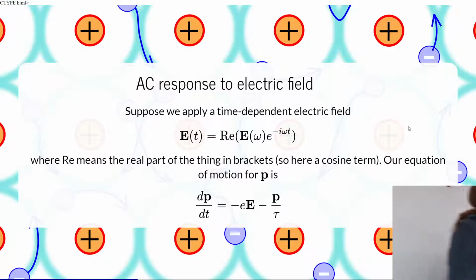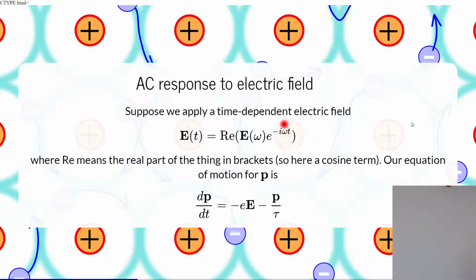So just very quickly, I'll show you some of the details. If we apply a time-dependent electric field, this electric field varies with time, essentially as cosine omega t.